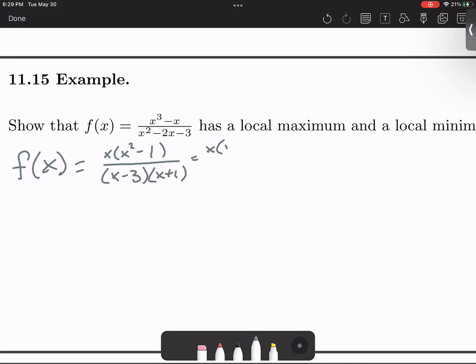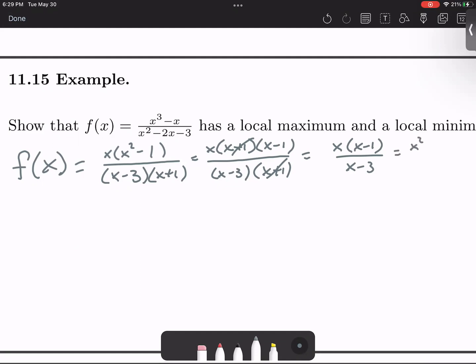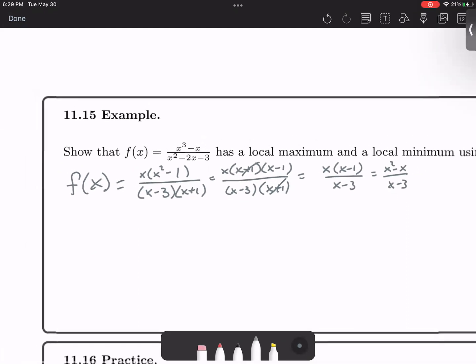It's a good thing that we factored this because we get cancellation. We can simplify our function a little bit. That's going to simplify when we take the derivative. Those are gone. We now have x times x minus 1 over x minus 3. Let's write that as x squared minus x over x minus 3. So we don't have a product rule in the numerator of our quotient rule, because now we are ready to differentiate.